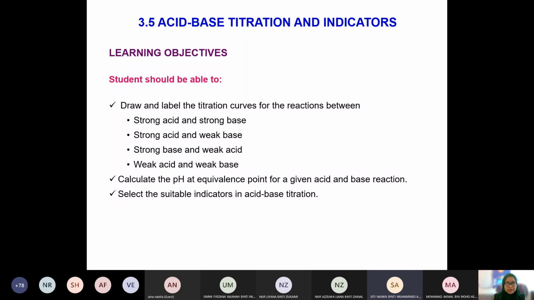So when we talk about titration, you should bear in mind that you have a burette, a retort stand, a conical flask at the bottom, and also a pH meter.